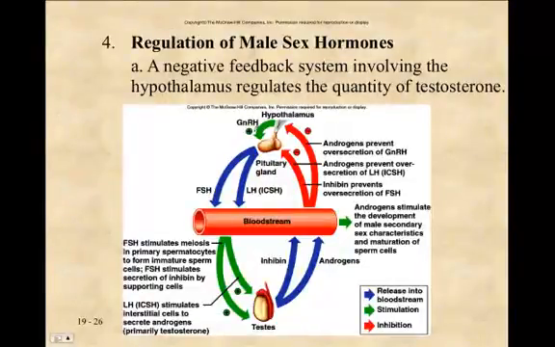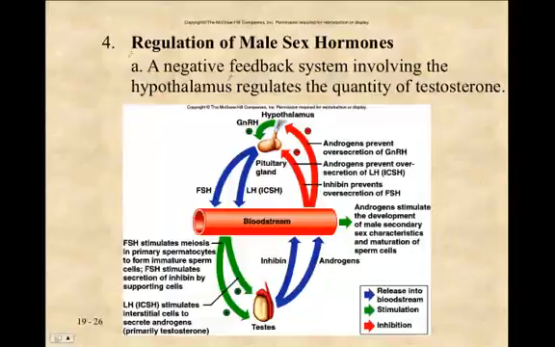Now, when we talk about testosterone and also follicle-stimulating hormone and luteinizing hormone in general, there is a negative feedback mechanism in place to make sure that not too much testosterone, follicle-stimulating hormone, or luteinizing hormone is released.